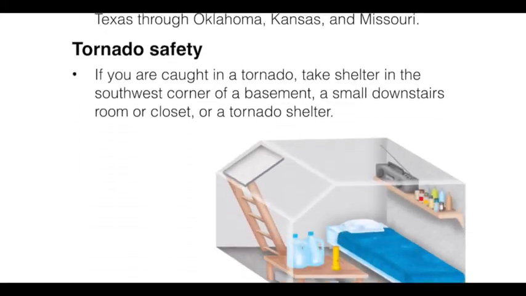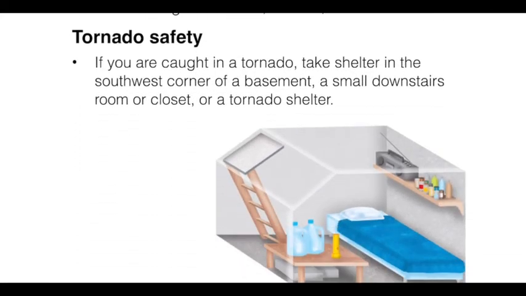People who live in the Midwest have tornado drills all the time. Every school kid will practice tornado drills, and most schools and colleges will have some place to go in the event of a tornado. So there's shelters and there are basements and things like that that you would go to.